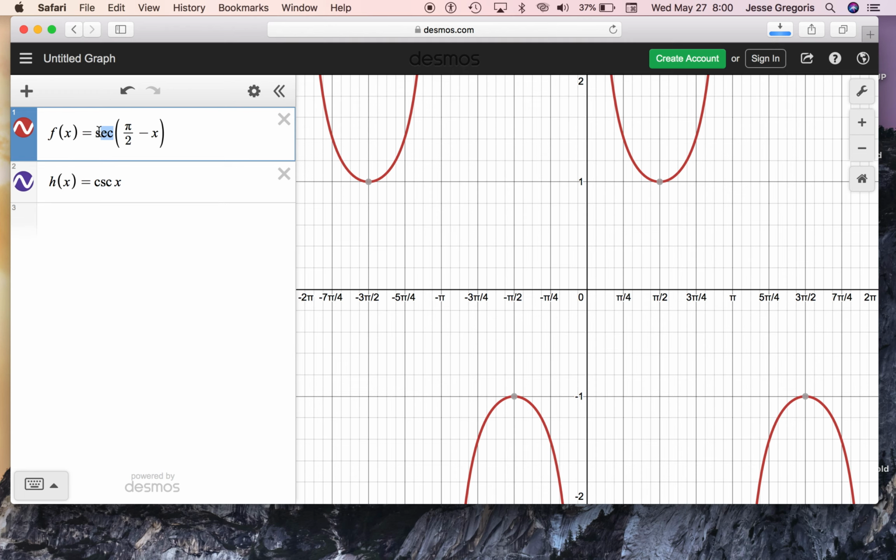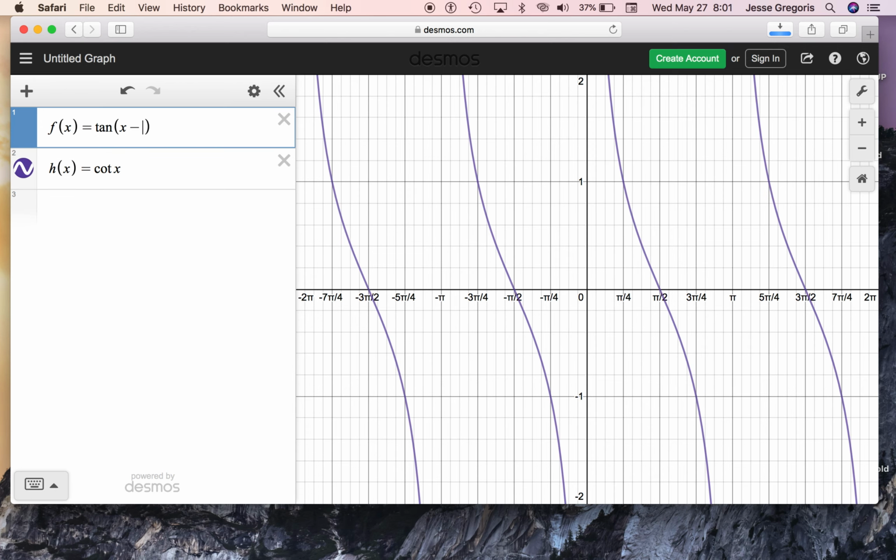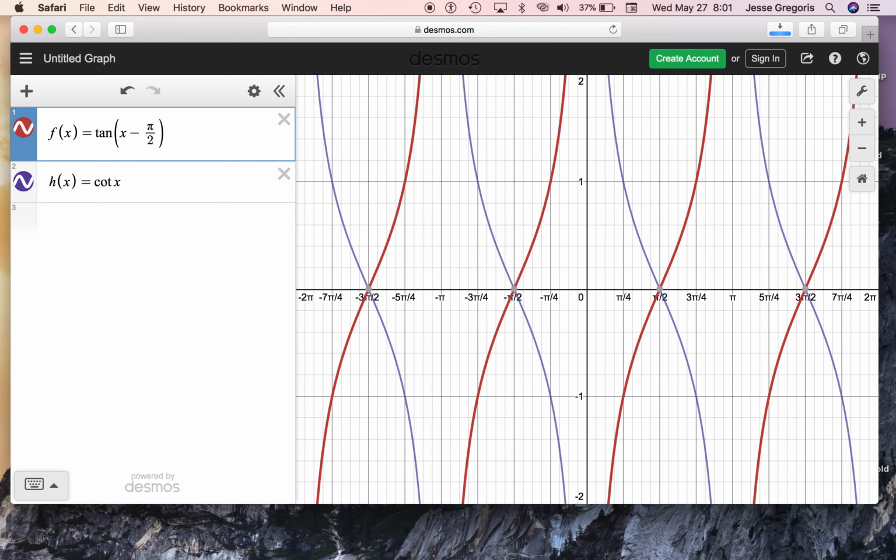Now, let's take a quick look back at tangent and cotangent and why I preferred writing my expressions like pi by 2 minus x. Originally, we had taken x and subtracted pi by 2. Something's up here. The reason why something's up is because tangent isn't an even function.